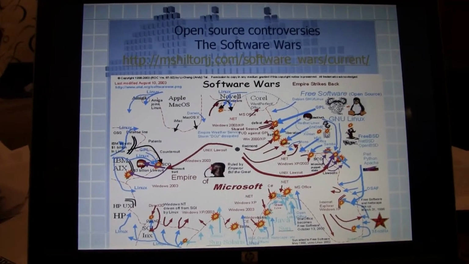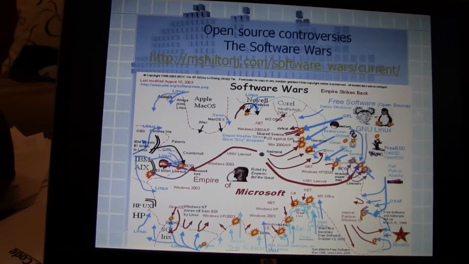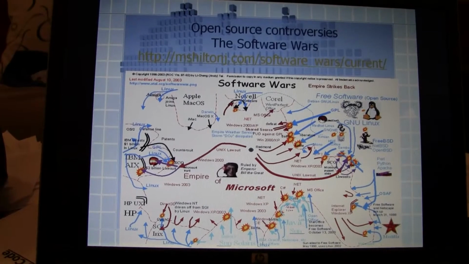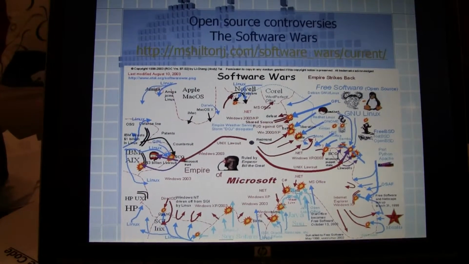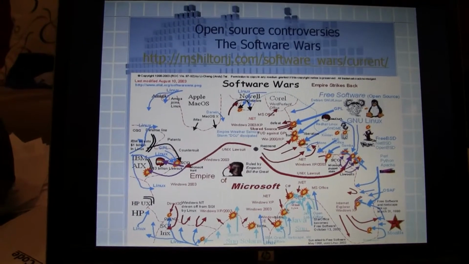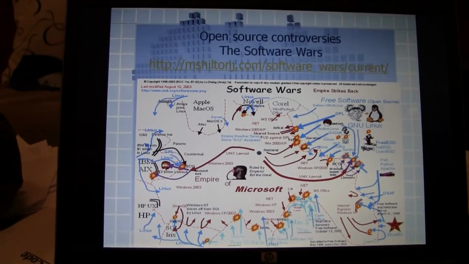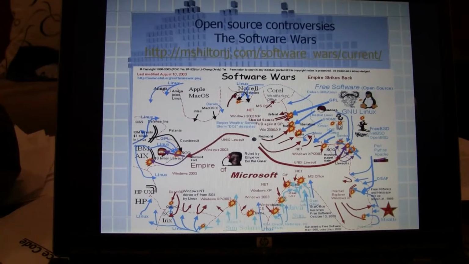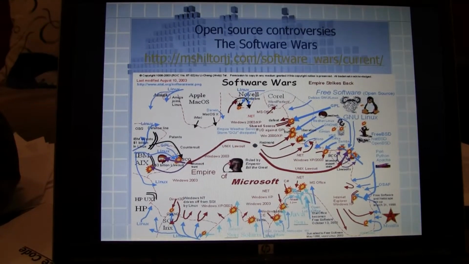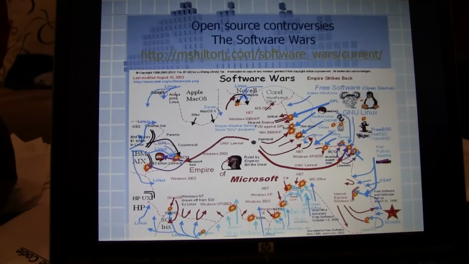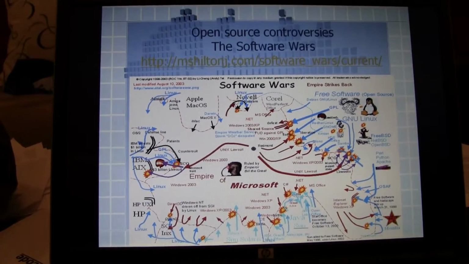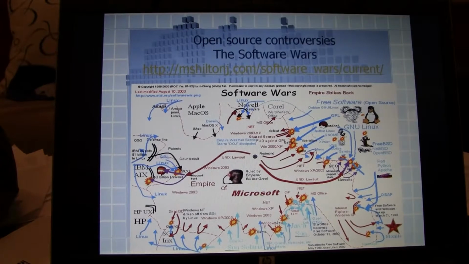We have King Bill Gates in the middle, Microsoft Corporation. It is like an insurrection where you have HP, IBM, the free software movement, Sun Solar System, and Emperor or King Bill Gates the Great in the middle.